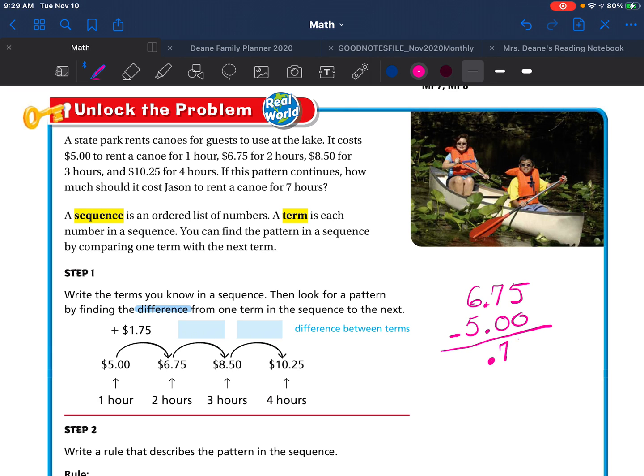Remember, the decimal comes straight down. 6 minus 5 is 1. So that's where we get the difference of $1.75, which is what they also have right here for us. So from each jump, it is going to go up by $1.75 each time. So here we're going to put plus $1.75, plus $1.75, and we should have the money symbols in there.